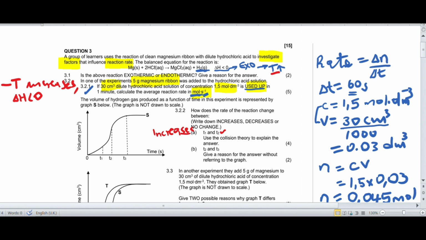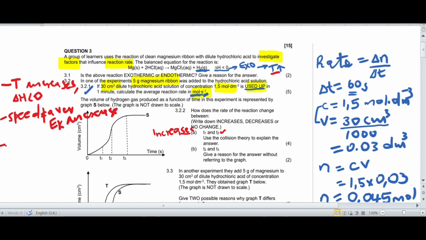Okay, so if the temperature is increasing, the average speed of particles as well as the average kinetic energy increases. So the average speed or average kinetic energy increases because of what? The temperature.